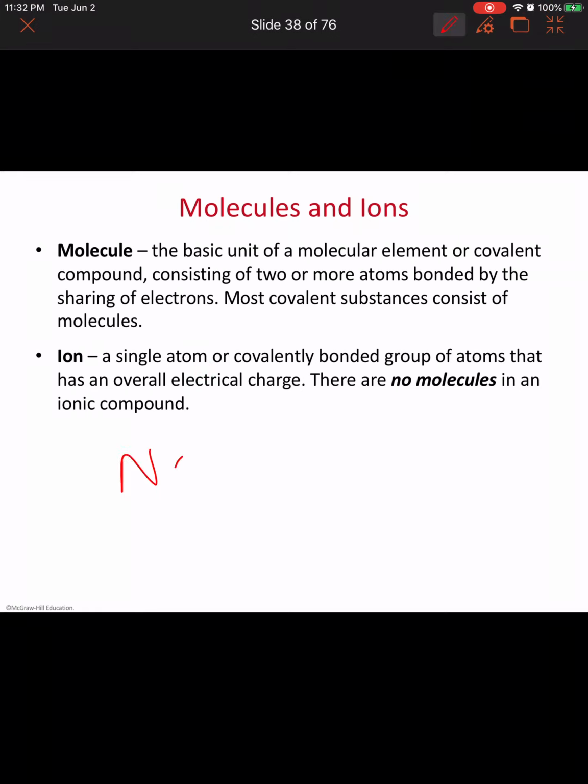So you can have sodium positive 1 and chloride. So these are single atoms. Or it could be a covalently bonded group of atoms like carbonate, CO3 2-. So carbon and oxygen are covalently bonded, but it has an overall charge 2-. We call this also an ion.